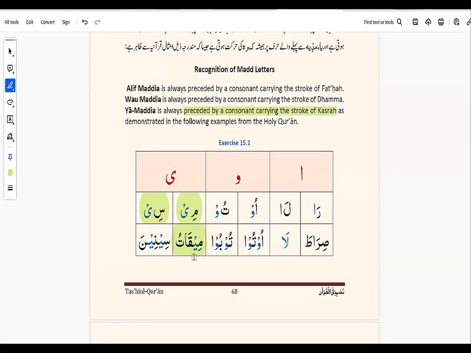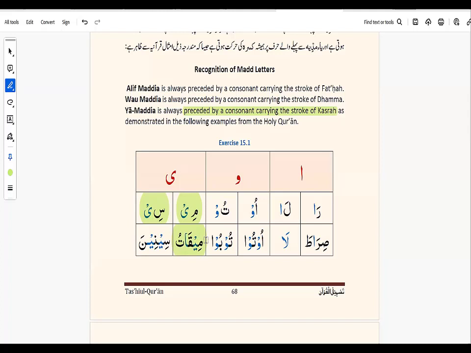So this word is read miqatu. Miqatu. Well done, mashallah. Really good job, alhamdulillah. So first of all, we need to remember the difference when there's kasra and ya madiyya.